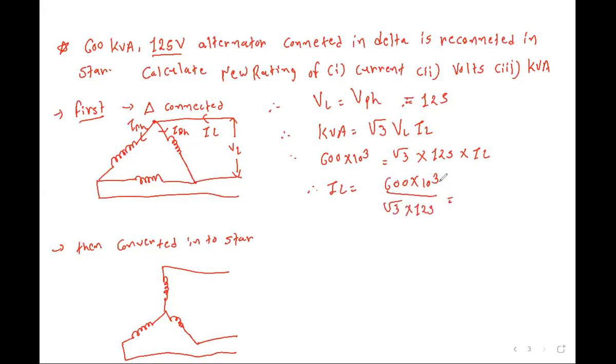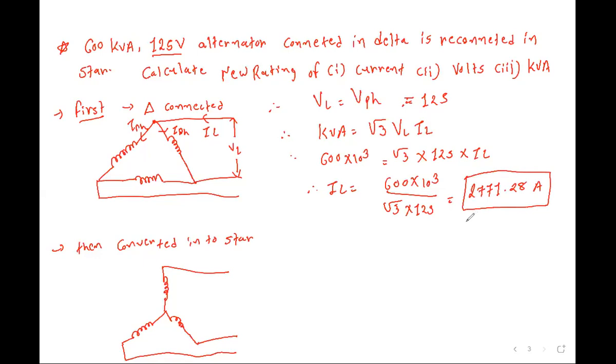What should be the value of line current? The answer is 2771.28. So that is my line current.